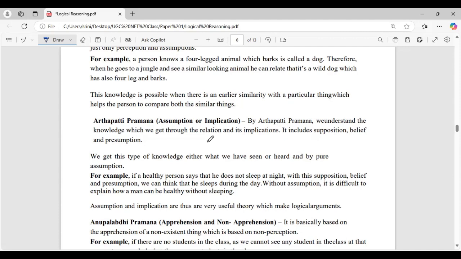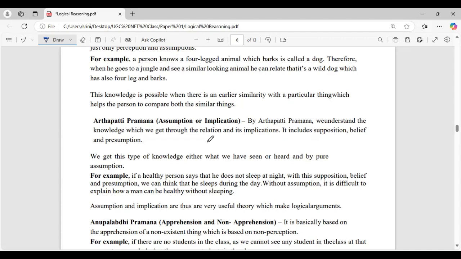Without assumption, it is difficult to explain how a man can be healthy without sleep. In the example given, he is a healthy person and he says that he is not sleeping at night. He has a problem that he cannot sleep.